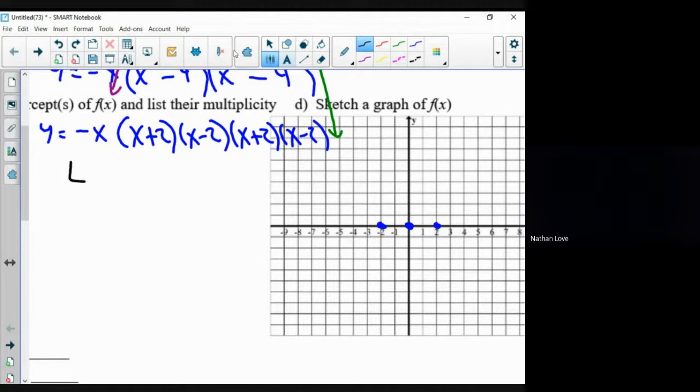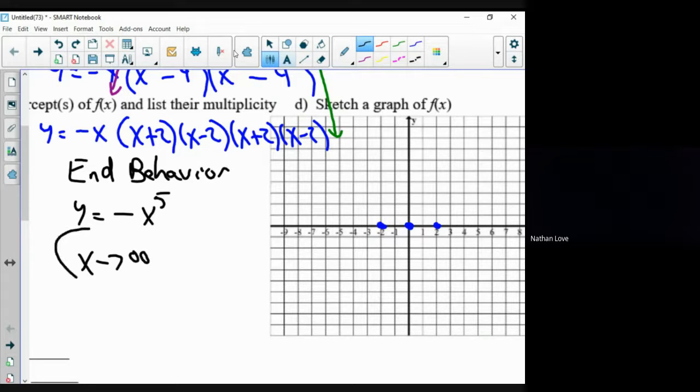When we're dealing with end behavior, we need to take the very beginning one and do y is equal to a negative or positive sign, x to the 5th power. As we take x and approach infinity, which direction is that going?